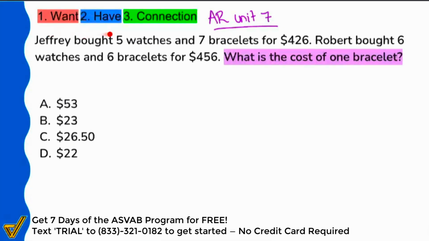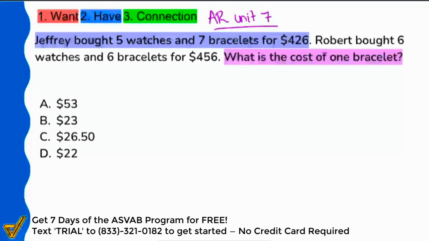So Jeffrey bought 5 watches and 7 bracelets for $426. So let's go ahead and highlight that. Let's go ahead with blue. And I'm going to show you how to write that here below. So 5 watches, how much would that cost? Well, let's just say that W stands for the cost of a watch and B stands for the cost of a bracelet.